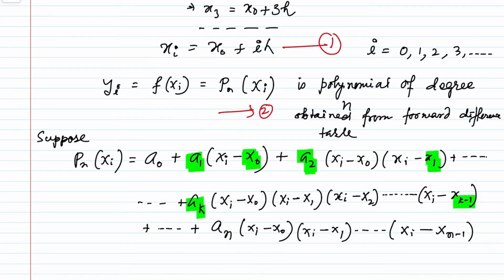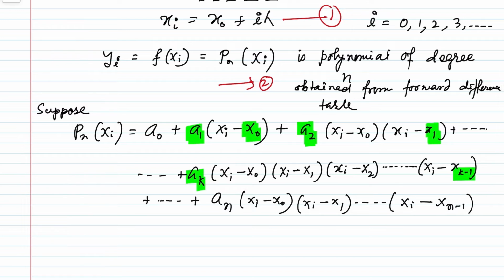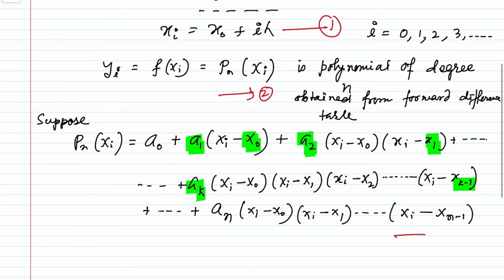Now you see, this is equation number 3. Let me scroll down the page. From here we can find y naught, which is going to be equal to Pn of x naught, and from equation number 3, if there is x naught, then it must be equal to a naught.